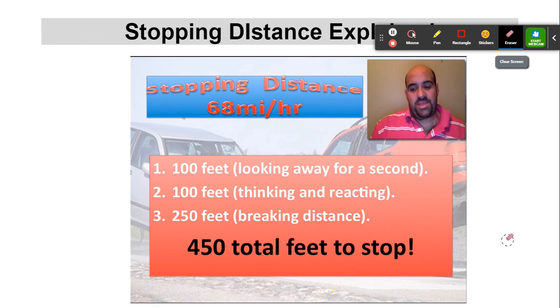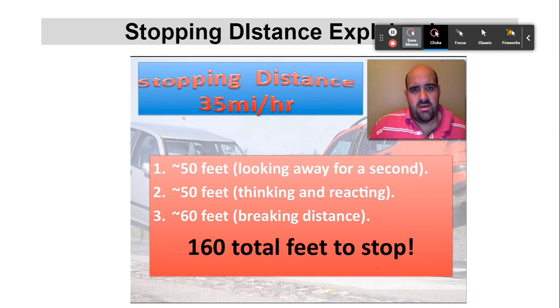Not paying as much attention as you should, or driving a little tired, or possibly on some substance you should not be on. And if we were to just kind of break this down to city driving, at 35 miles an hour, if you looked away for a second to check a text or do whatever you're doing, you will actually travel 50 feet in that second. 50 feet while thinking and reacting, and your braking distance will be about 60 feet.